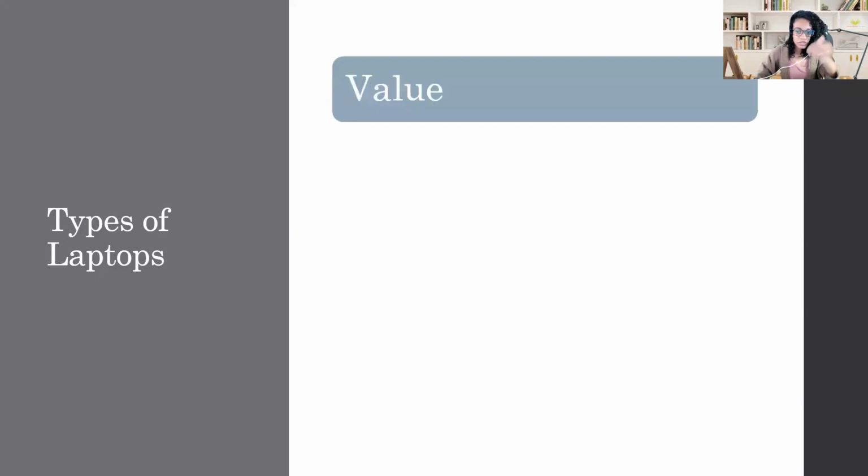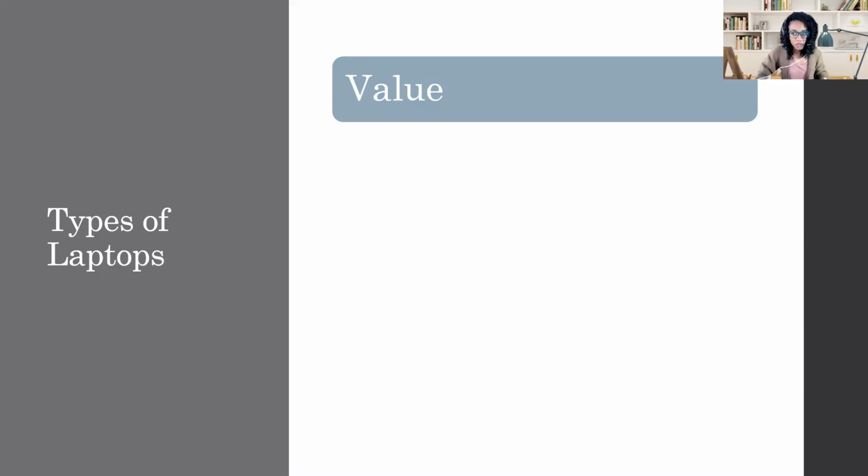So since there are so many options, it's nice to know what laptops with different specifications can do so that you can choose the right one for the type of work you do and the budget you have. There are different categories, I guess, for different uses.